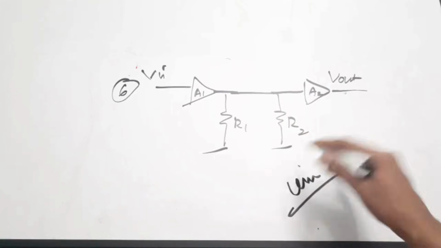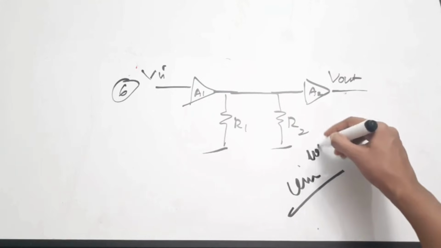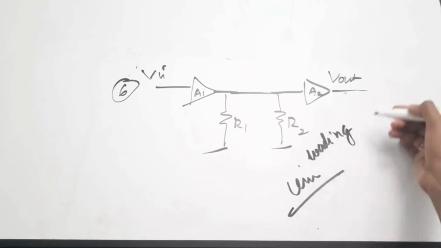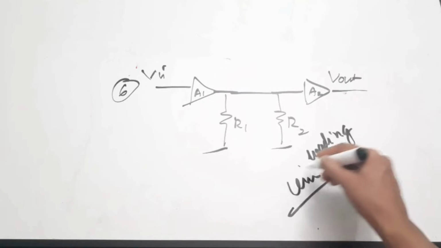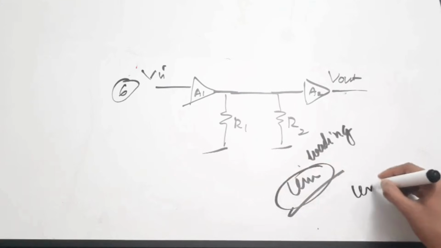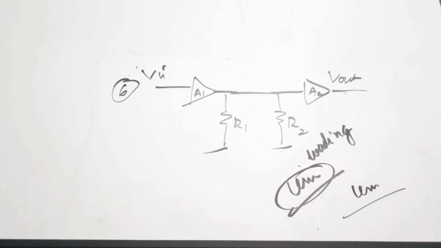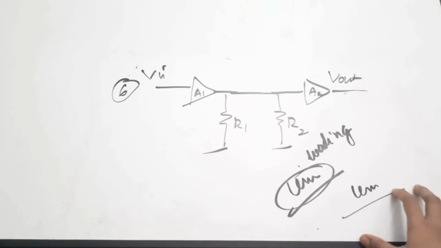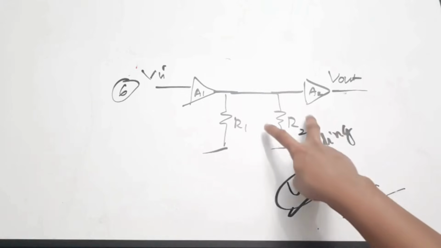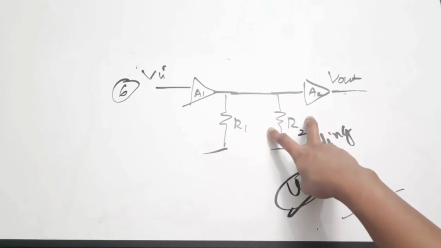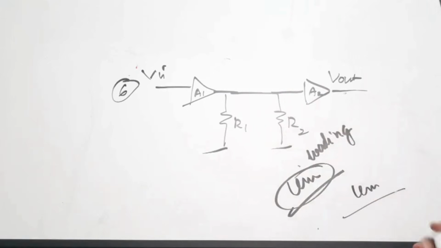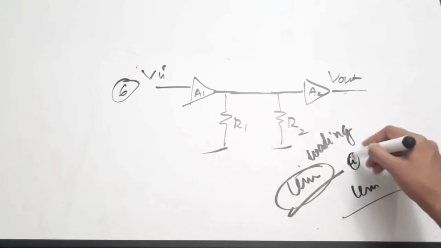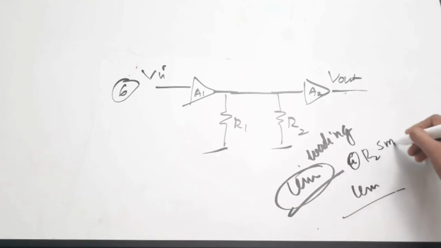Please note this thing. When the input resistance is less, then it allows some noises or some fluctuations to the input side. This is called loading effect. So when R2 resistance is less, then there will be loading. Correct answer is option A, R2 is small.